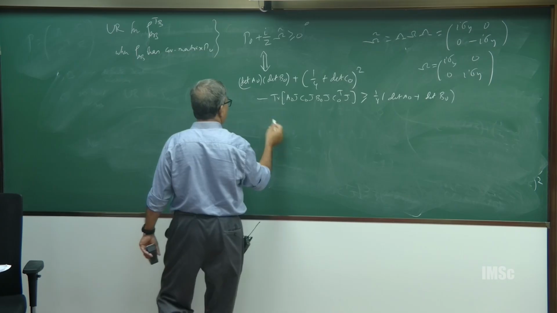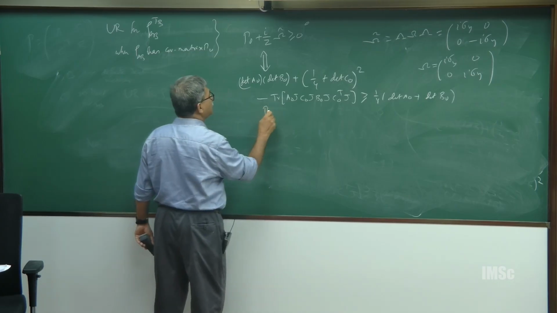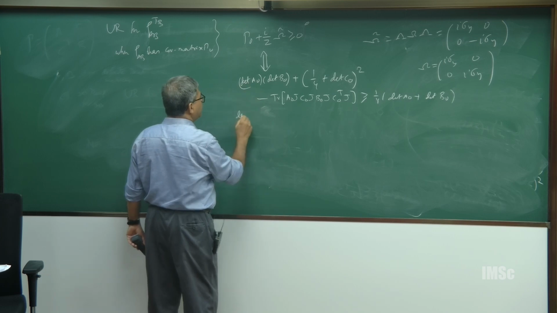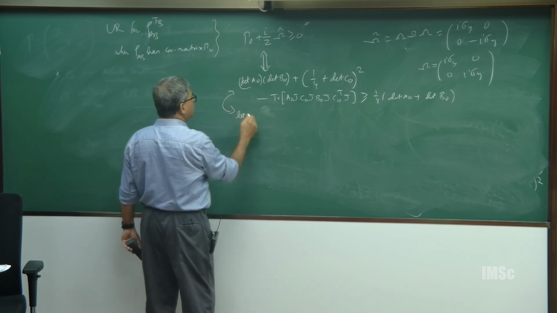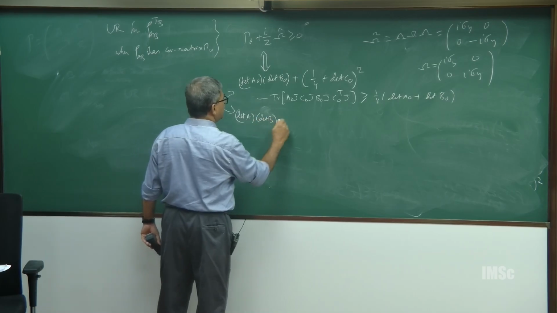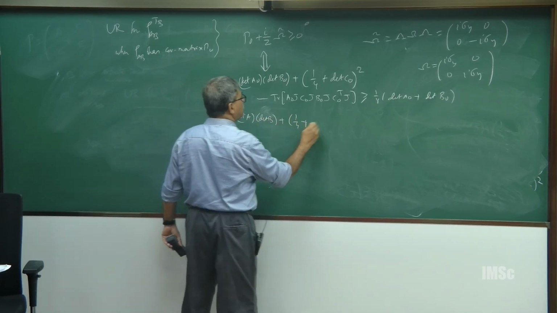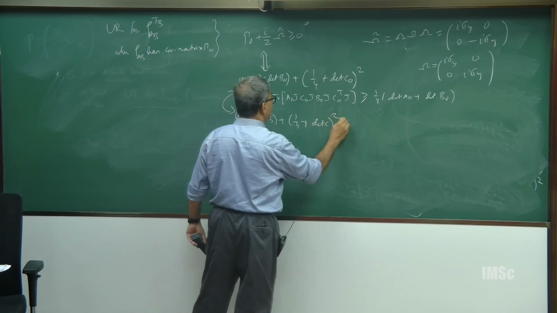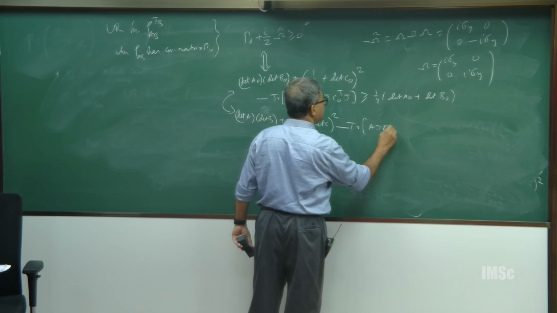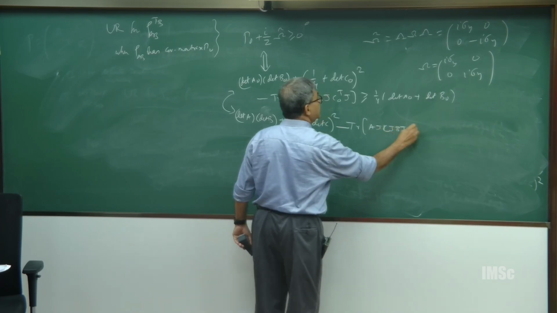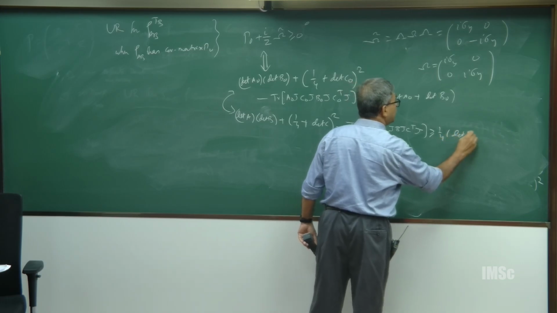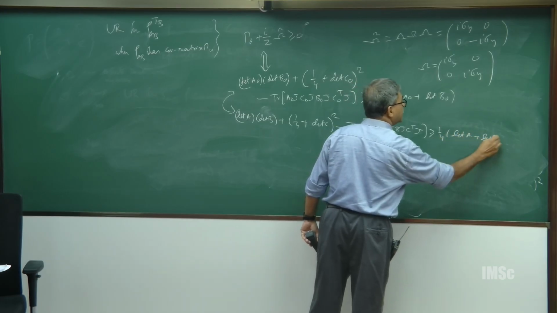And this is equivalent to, so I can replace this. Because this is equivalent to determinant of A into determinant of B plus 1 by 4 plus determinant of C whole square minus trace of A J C J B J C transpose J is greater than or equal to 1 by 4 determinant of A plus determinant of B. Why?